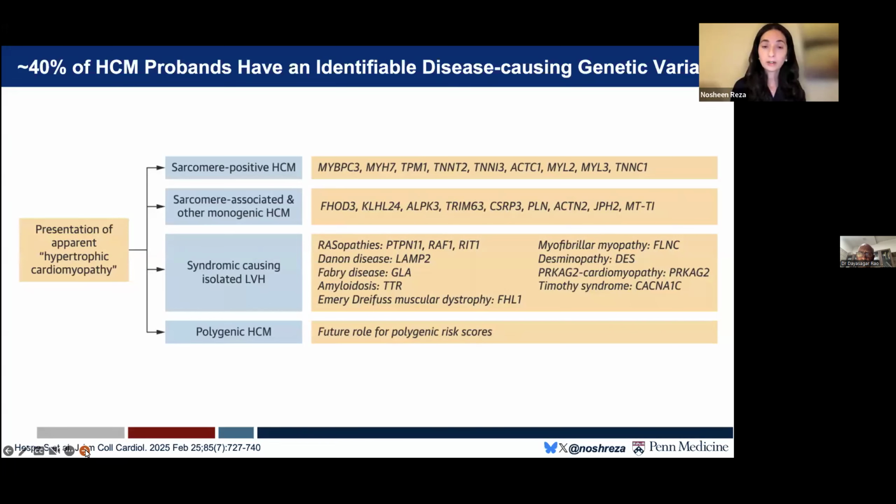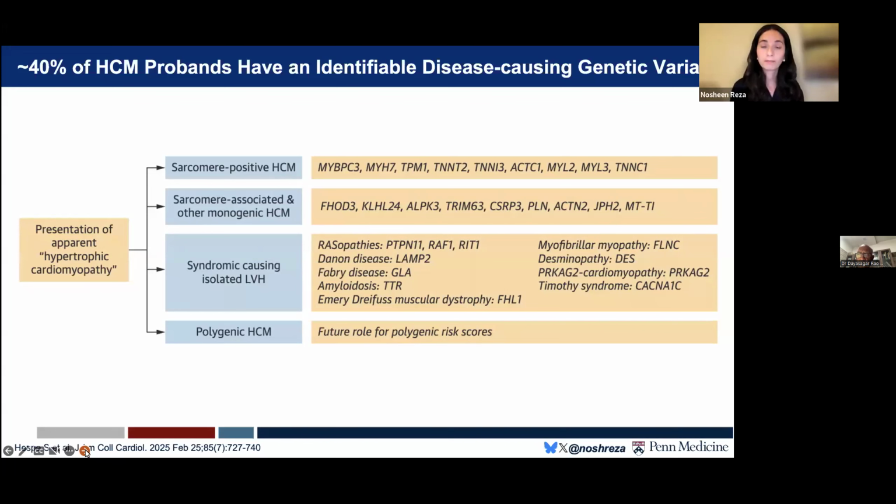We can have non-sarcomere causes of left ventricular hypertrophy. These are associated largely with potentially other syndromes, as you can see listed here, like RASopathies, glycogen storage or lysosomal storage diseases, other infiltrative cardiomyopathies, muscular dystrophies, and so on. And then finally, we're learning a lot about the polygenic contributions to HCM and their future risk that we can assess with things like polygenic risk scores.